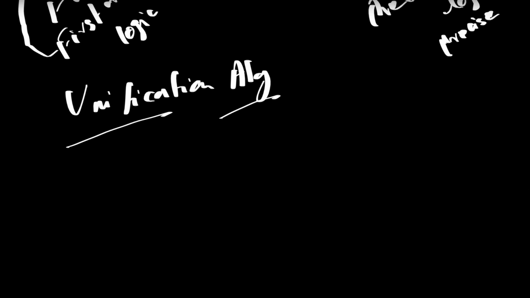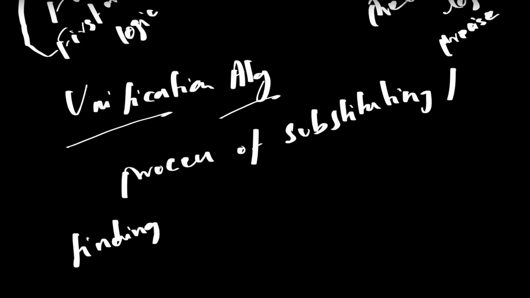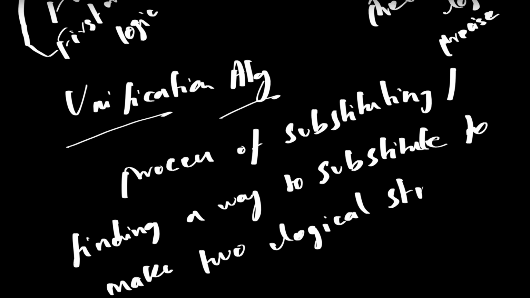Unification algorithm is a process of substituting, or finding a way to substitute, to make two logical statements identical.